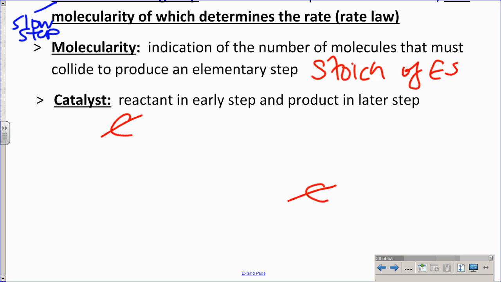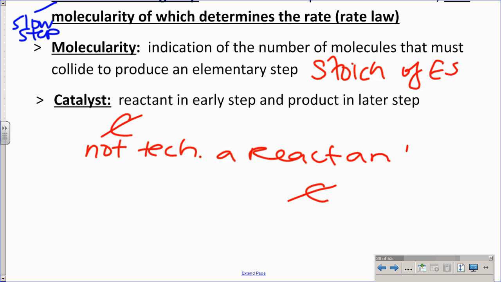Is it relevant to the rate law itself? No, it's not technically a reactant. So you cannot put a catalyst in a rate law generally. Sometimes you will see it that way, like for zero order rates, because the catalyst actually determines the rate. It's just commonly not written that way. So not technically a reactant, so not in the rate law.